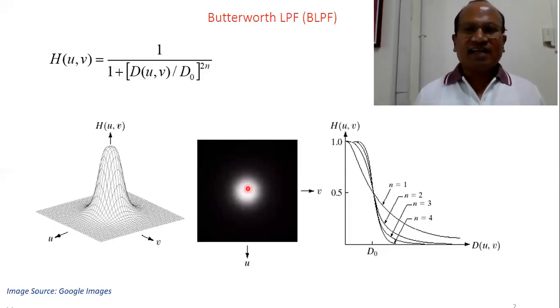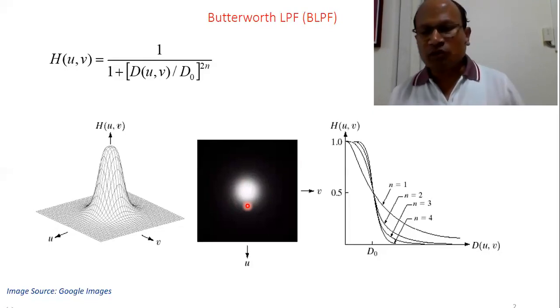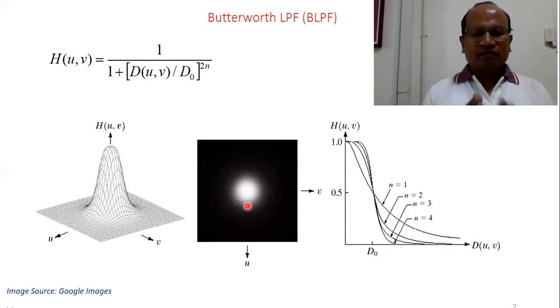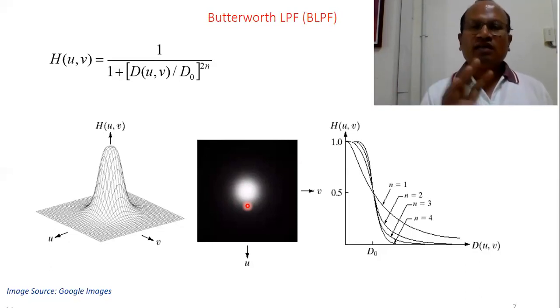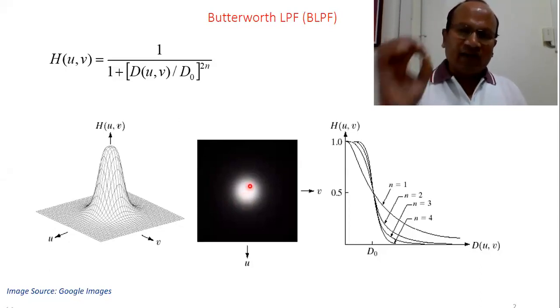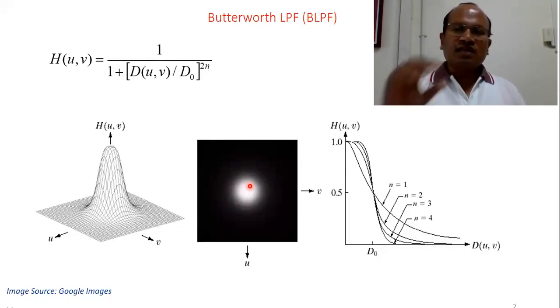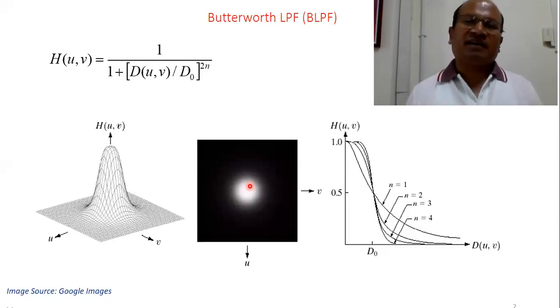Why? In the ideal low pass filter, we have a sharp value of cutoff frequency, so we know where the boundary is. After that the signal will be rejected, before that it will be passed. Here that does not happen. After the cutoff distance, the signal strength gets attenuated, but it is not completely eliminated.